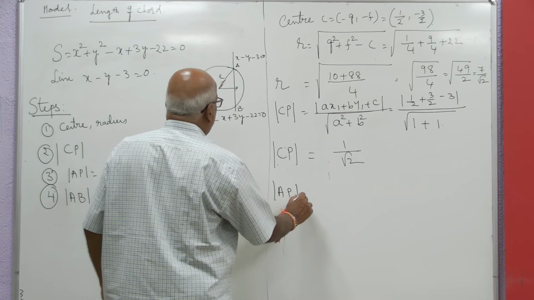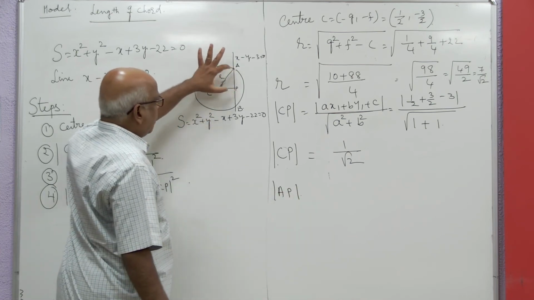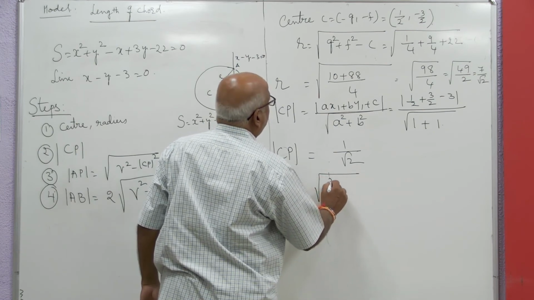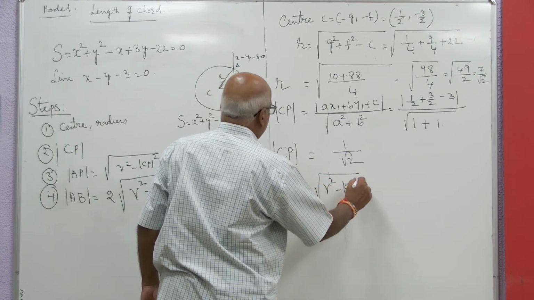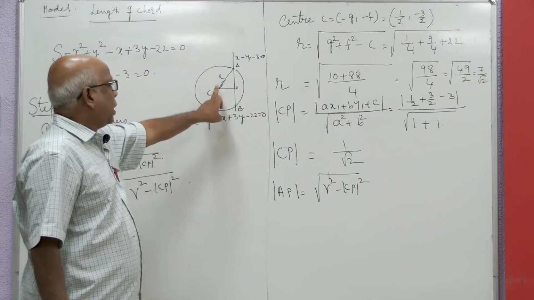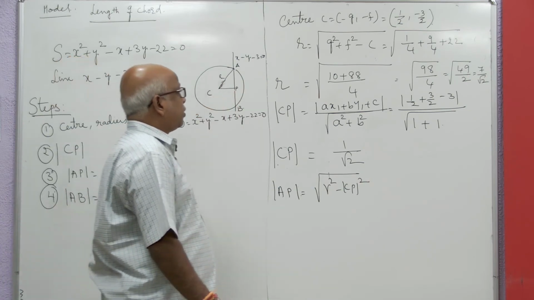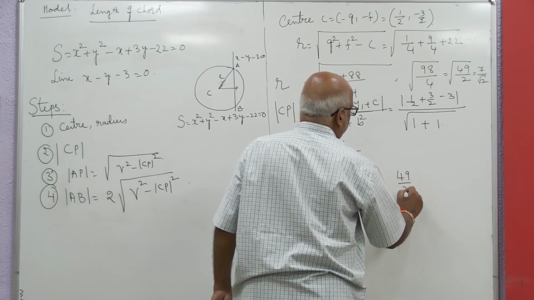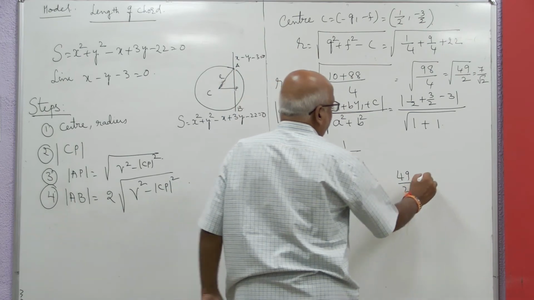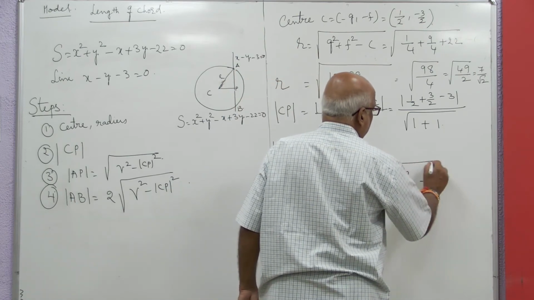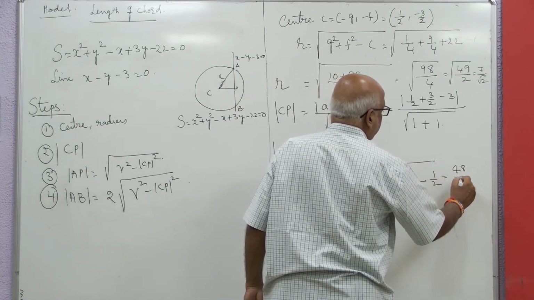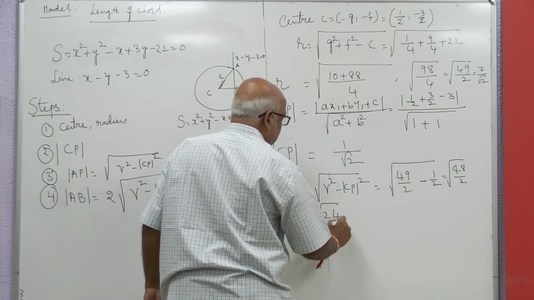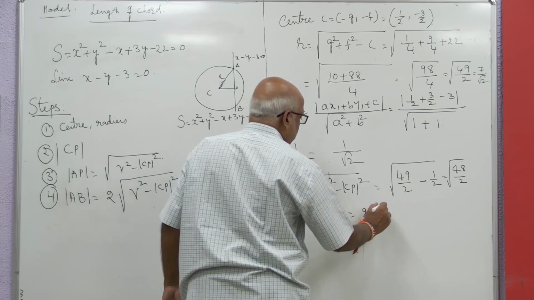Modulus of AP. What is meant by AP? This part. By using Pythagoras theorem, root of R square minus CP square. R is the hypotenuse and CP is one side. What is R square, sir? Here we got 49 by 2 minus CP square, 1 by 2. 48 by 2, after simplification root 24, that is 2 root 6.